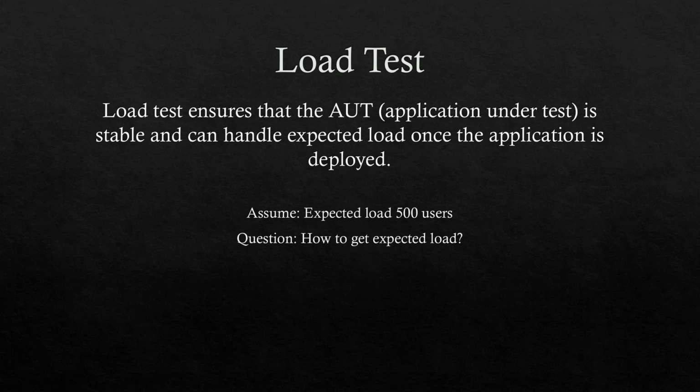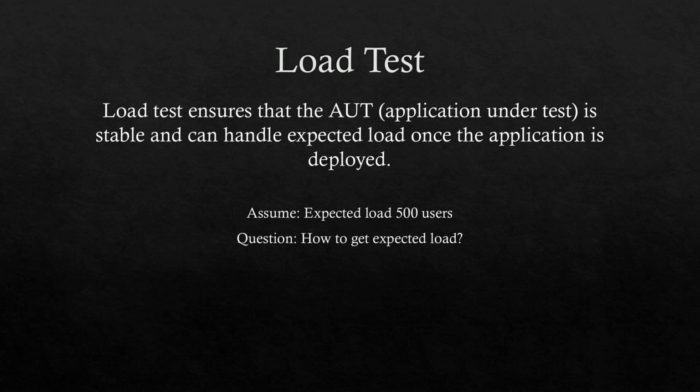Now assume that the expected load is 500 users. That means your client is saying that you should test your application with 500 users. Now, who is giving this 500 to you? As a performance tester, you will get a number, like, test this application with 100 users, or with 500 users. As a performance tester, we are always ready to test it.